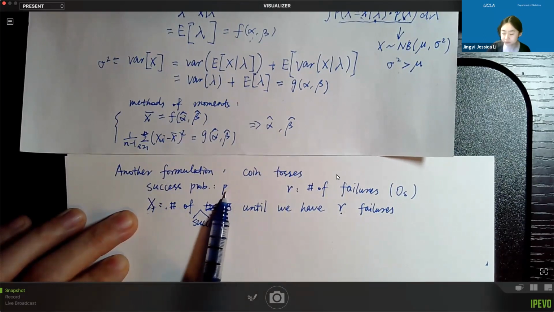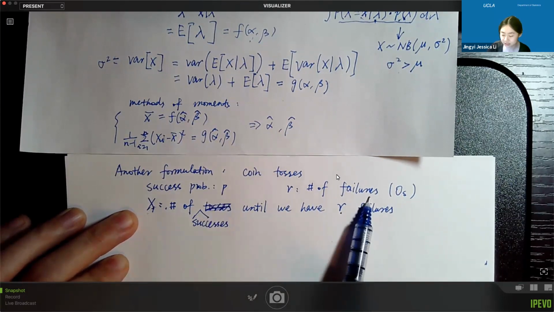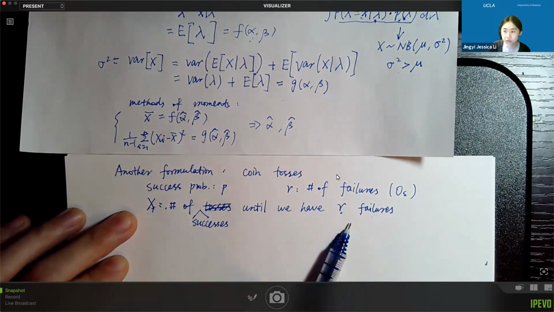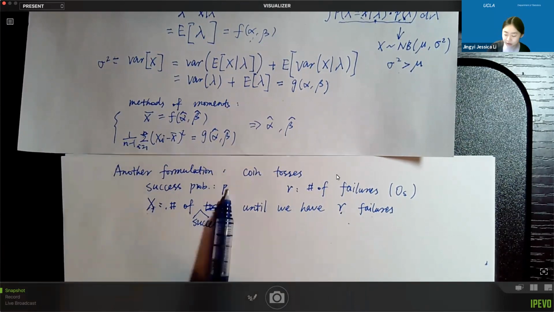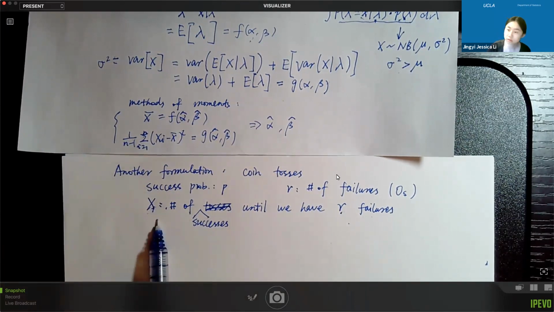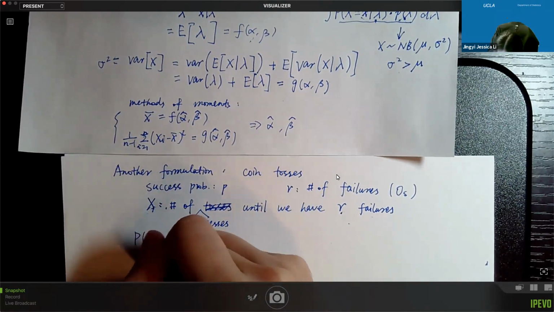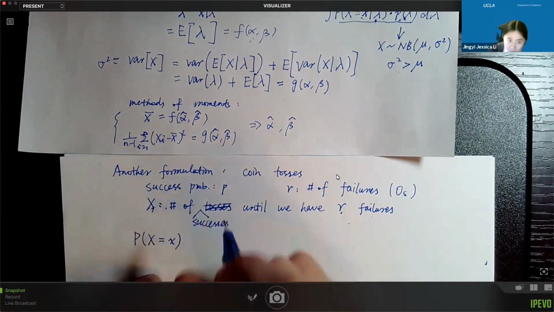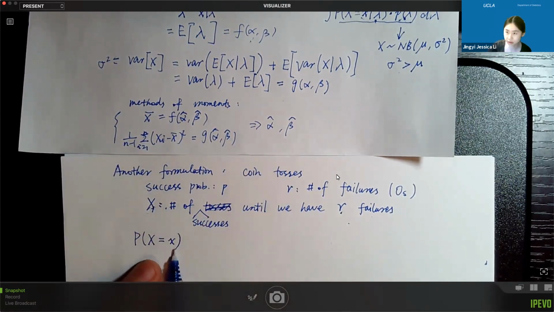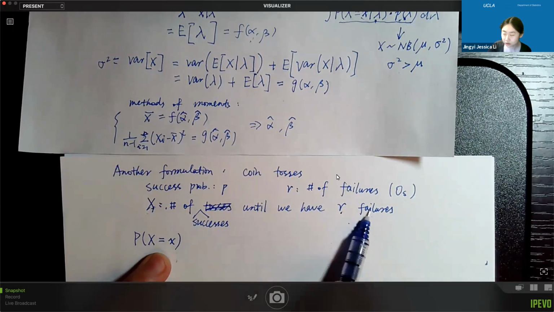If P is a very small number, that means you are very likely to get failures instead of successes, then you will not wait very long to have R failures. So you can see the effect of both P and R on the distribution of X. So from this perspective, the distribution of X can be derived in a more intuitive way. Let's think about it from a combinatorics perspective. Let's say that we have lowercase x successes until R failures.